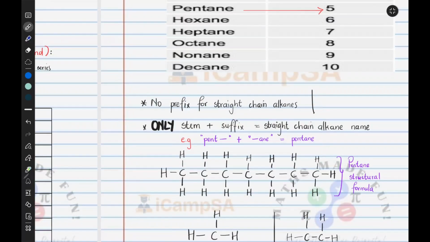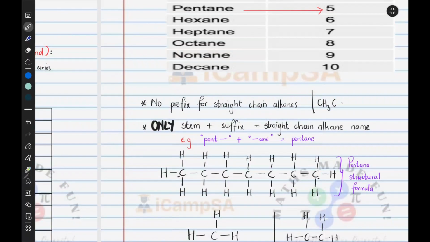You count how many hydrogen atoms are attached to each carbon atom, starting from the first carbon atom on the chain to the last one. You write the carbon atom and the number of hydrogen atoms on it. Let's start with the first one. It will be C, and how many hydrogen atoms? 3, so it's CH3.